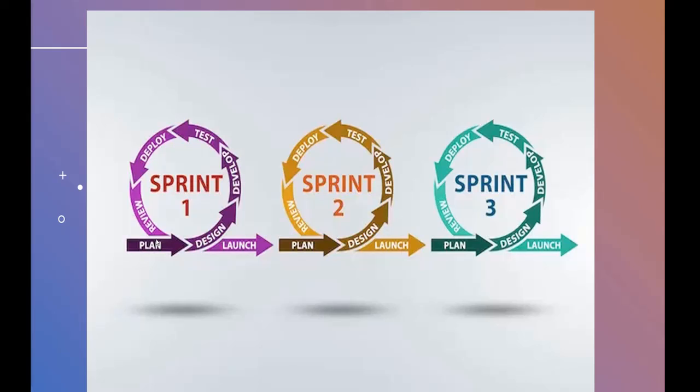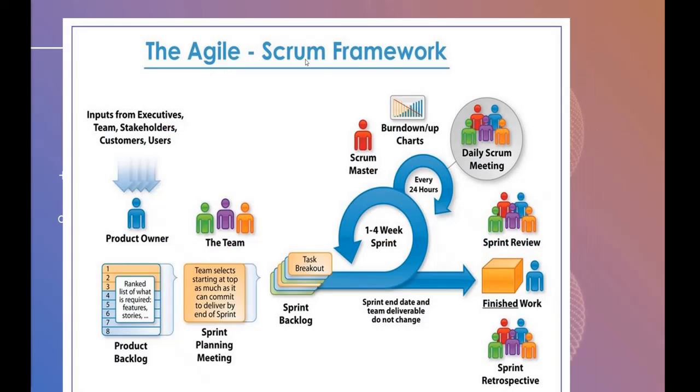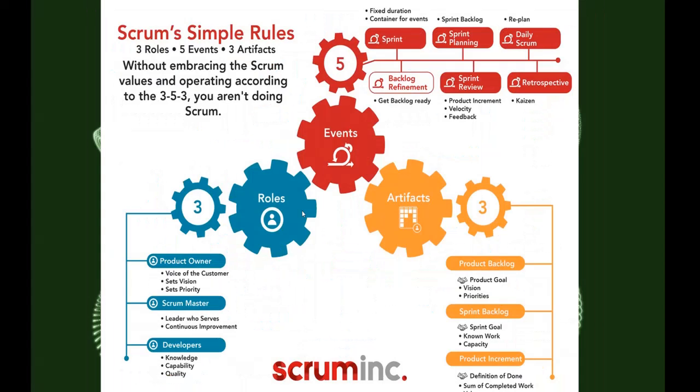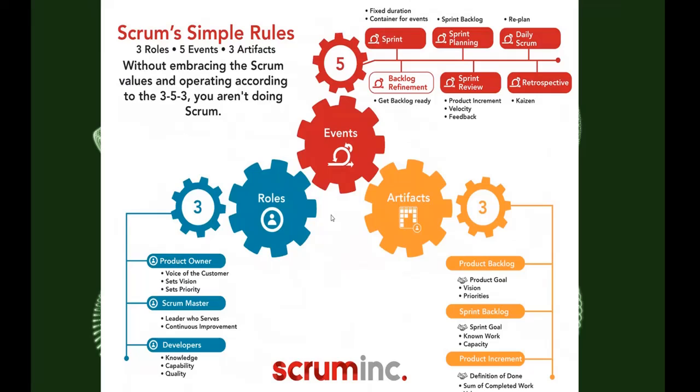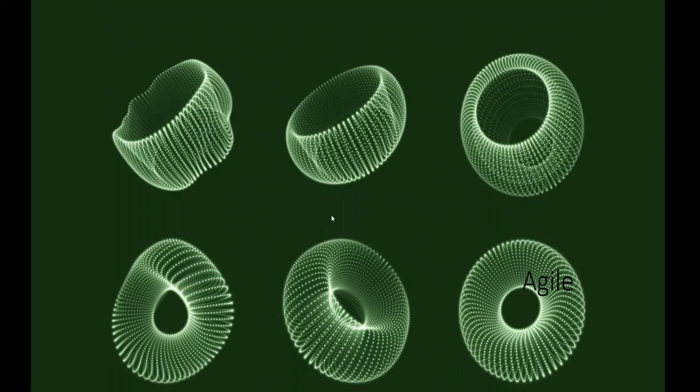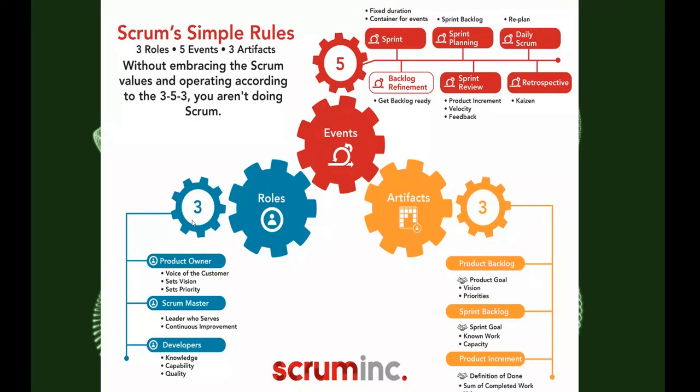Agile and Scrum are kind of framework things. This one is the Scrum framework. In the Scrum, you will see, I'm coming to this slide again, there are 3 roles.